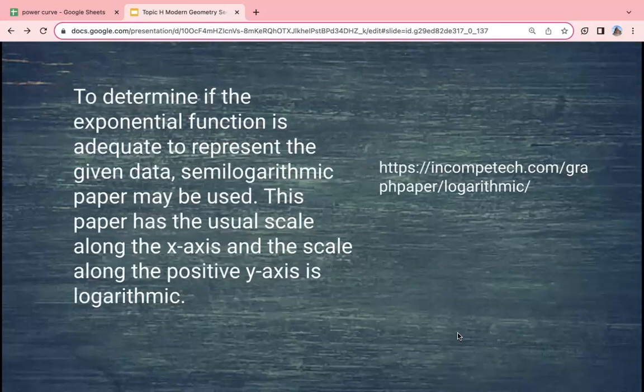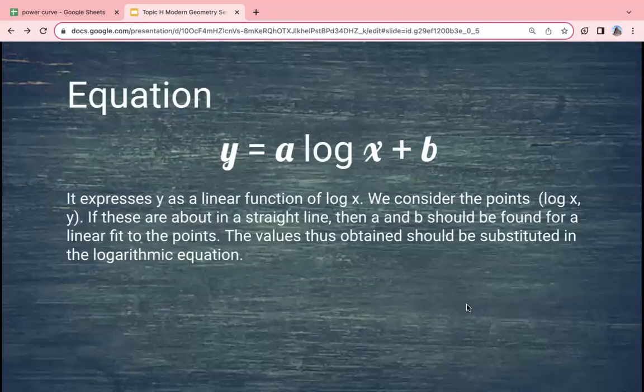So this paper has a usual scale along the x-axis and the scale along the positive y-axis. And this is what you call logarithmic. So again, this kind of paper can be found in the website I told you earlier, the incompetech.com graph paper logarithmic. So to illustrate about this one, we have an example.